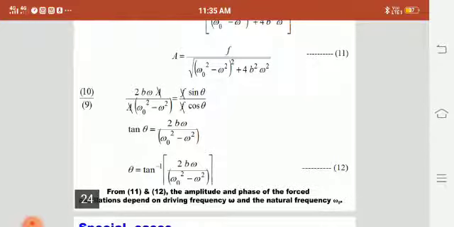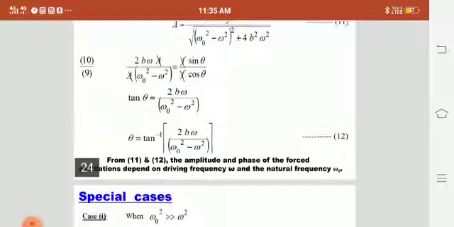Both are dependent on driving frequency ω and natural frequency ω₀. Now we are going to see the special cases for the solutions.